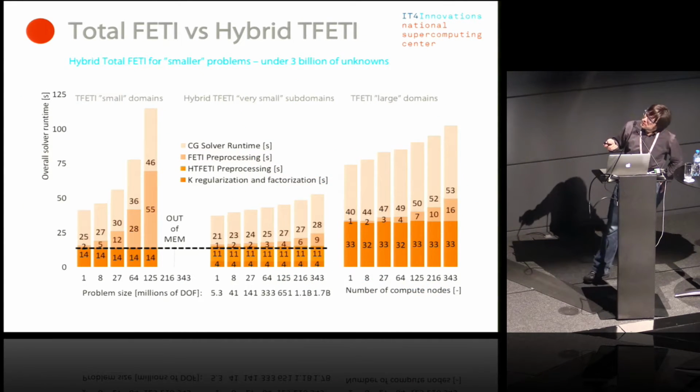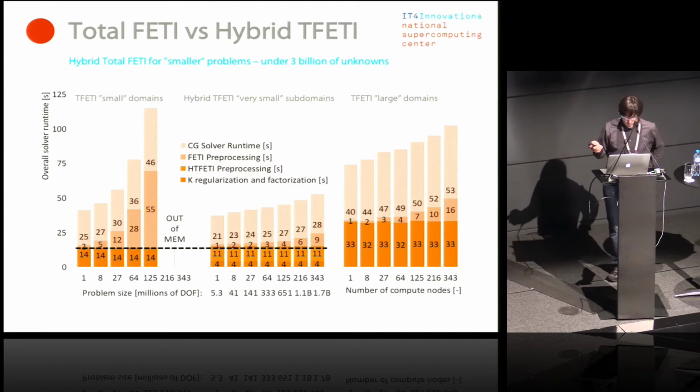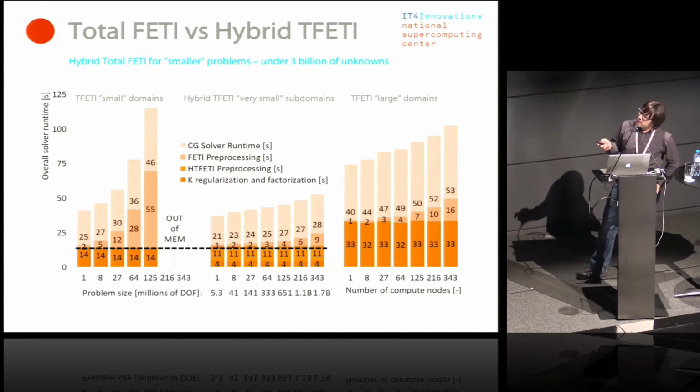So in this graph, I would like to show how the hybrid FETI actually performs compared to the total FETI. So I have three configurations here. I have a total FETI, the two-level FETI with the small subdomains, which means I have a large number of subdomains, which means that the FETI preprocessing, the coarse problem assembling and inverse, doesn't scale at all.